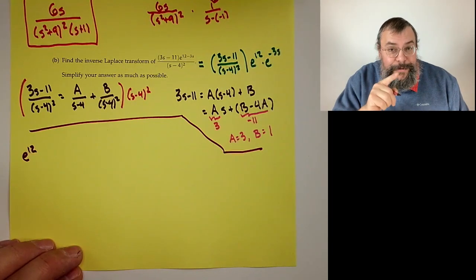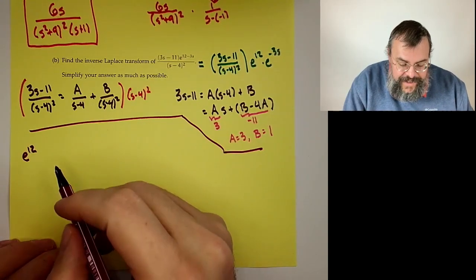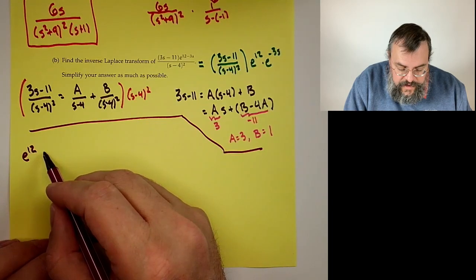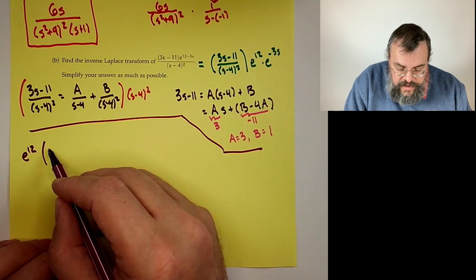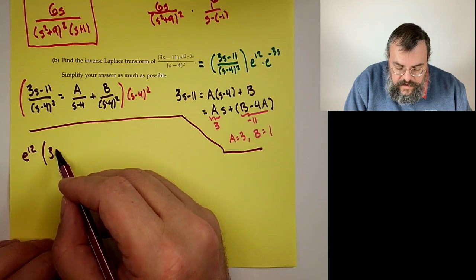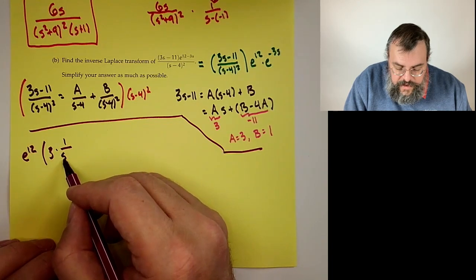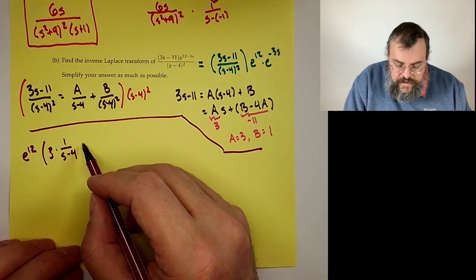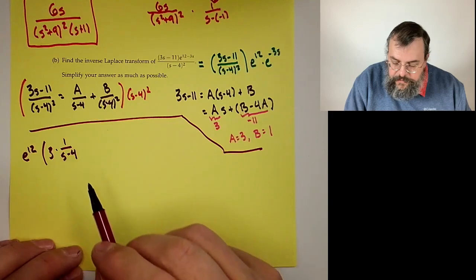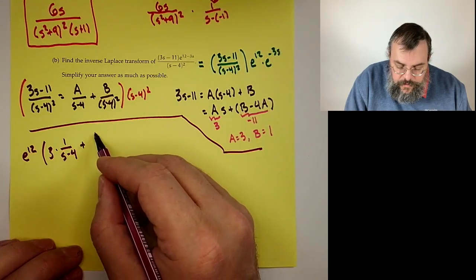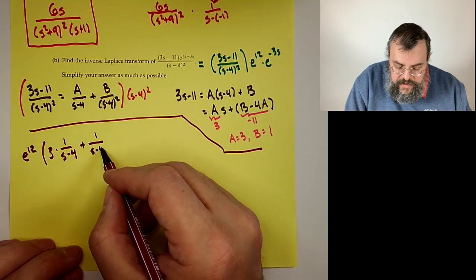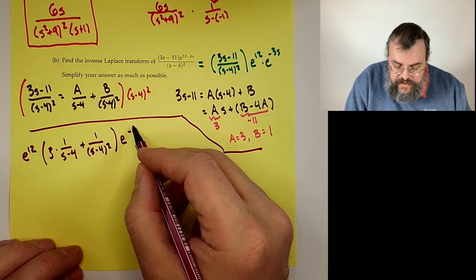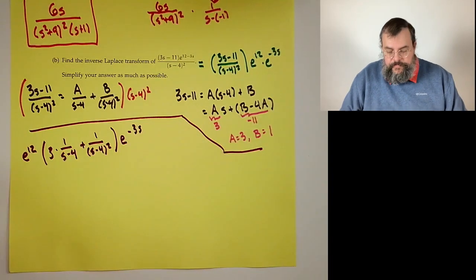We suspect it will, but we don't know yet. And now we have A over s minus 4. Okay, so we have 3 times 1 over s minus 4, and then we have B, which is 1 over (s minus 4) squared, and all this times e to the minus 3s.